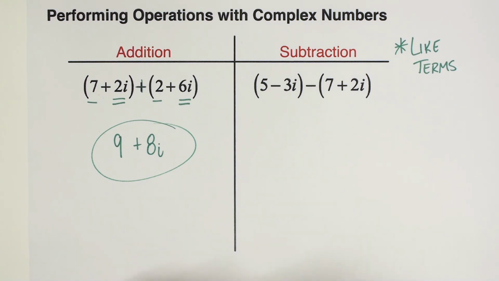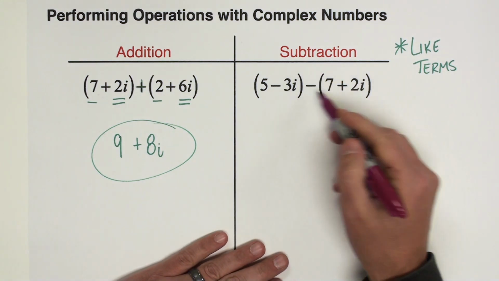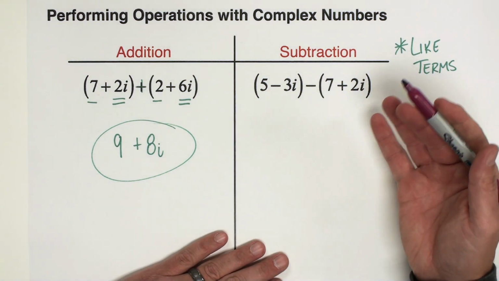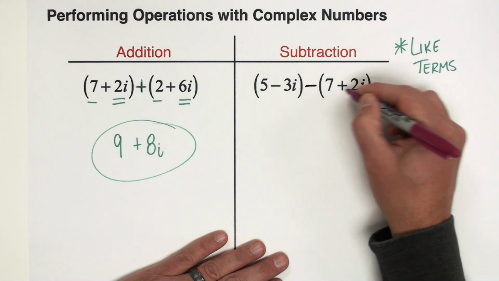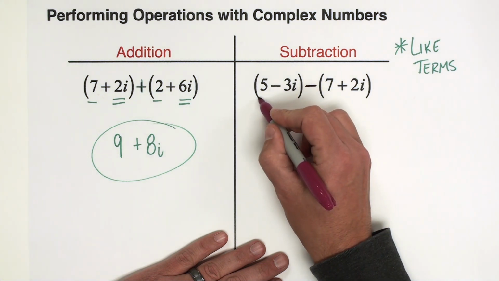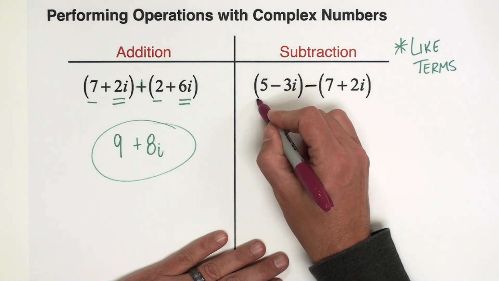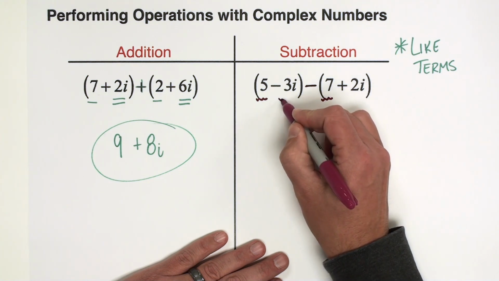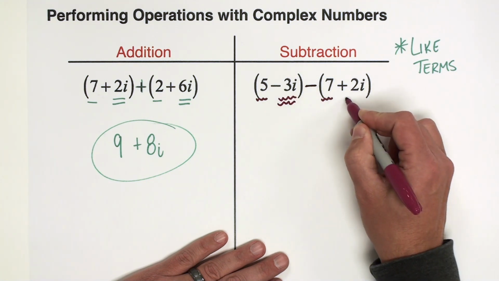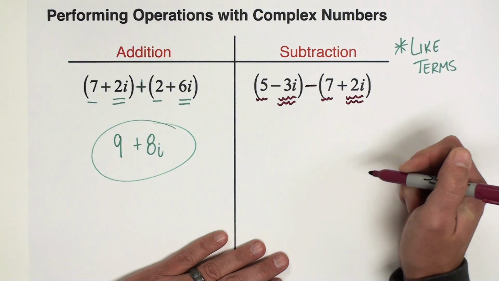So no different than I would work out any other type of variable expression problem. In the next problem, we've got a subtraction of two complex numbers. We just have to be careful that the subtraction here carries to both of these numbers. So I'm going to identify my like terms. I've got 5 and 7, and then this minus 3i is going to go with this 2i.